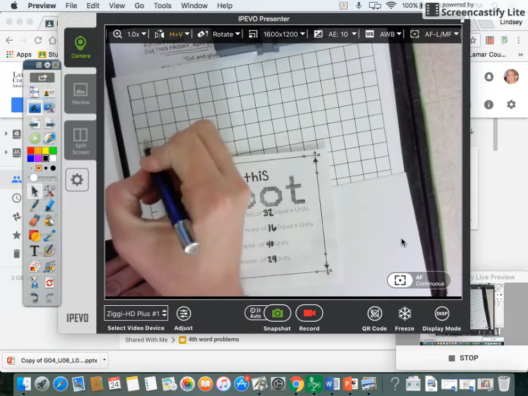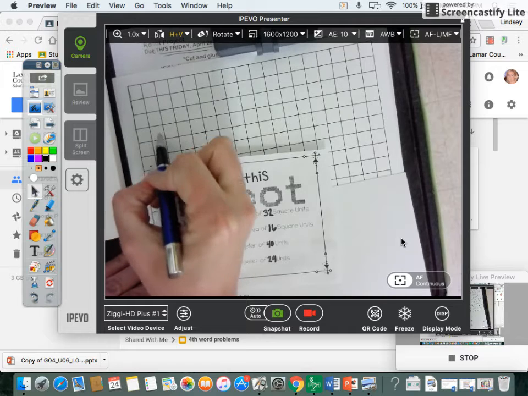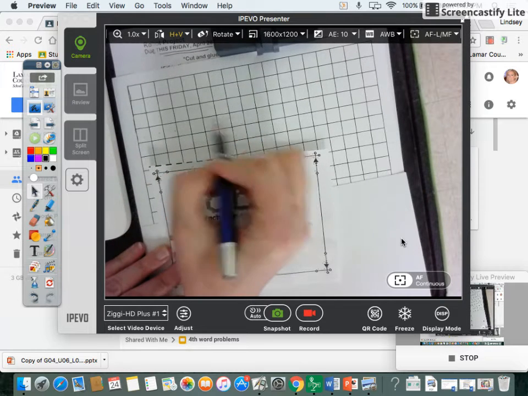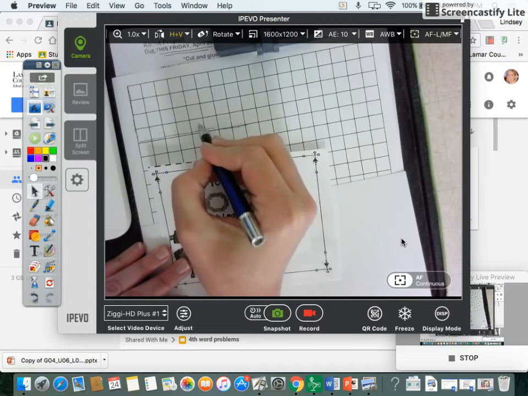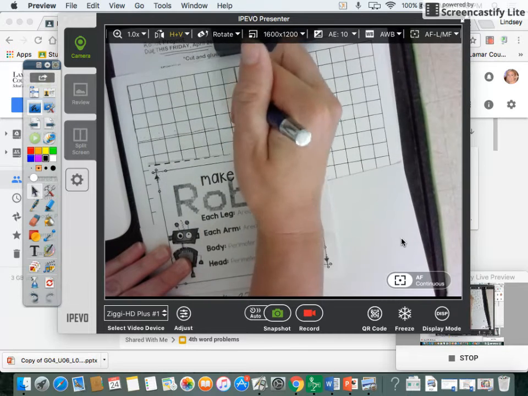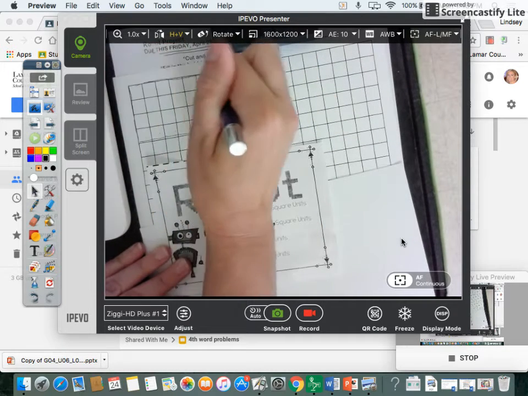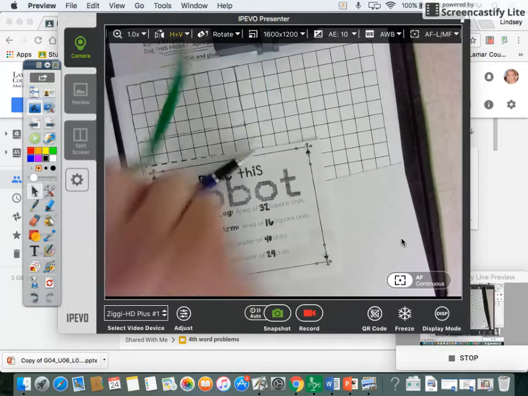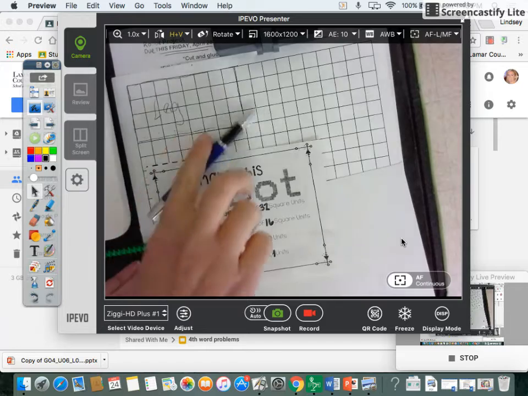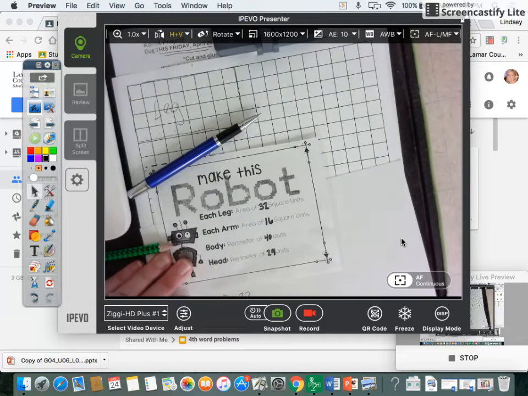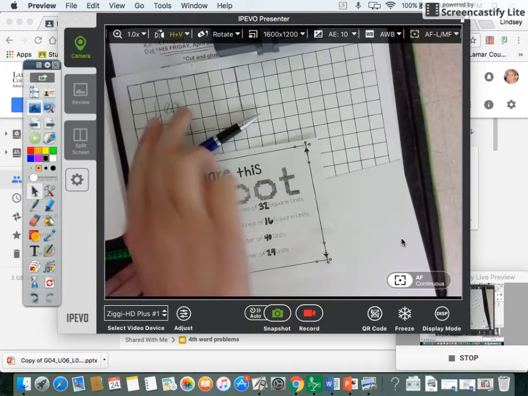I'm doing it with pen, but I would definitely start with pencil and go 1, 2, 3, 4, 5, 6, 7, 8. 1, 2, 3. Okay. And so this would be one leg. And so I can color this leg. I can, if I needed to, write in that's the leg. And then I would make another leg that exact same size.